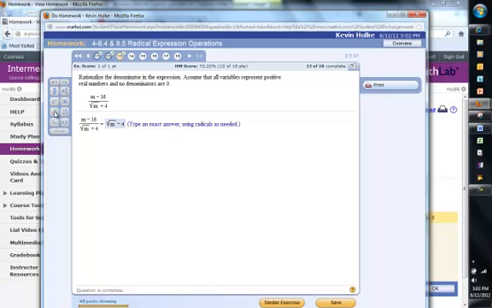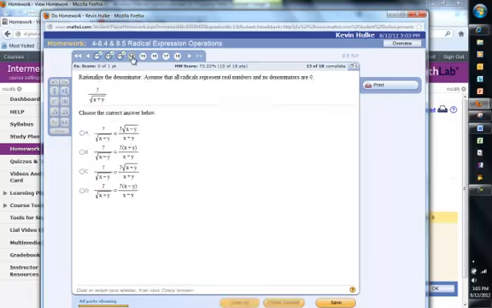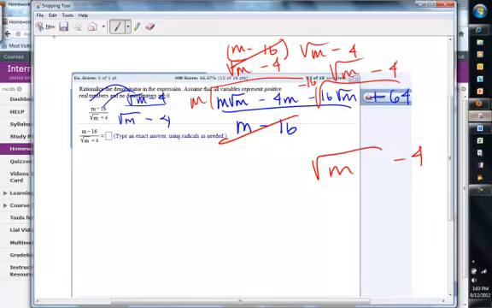Next one. Seven over square root x plus y.